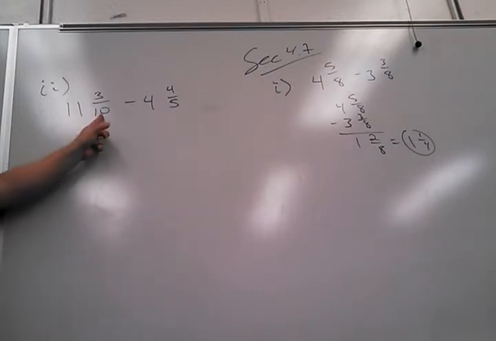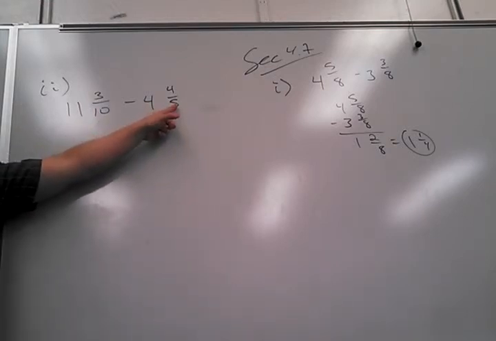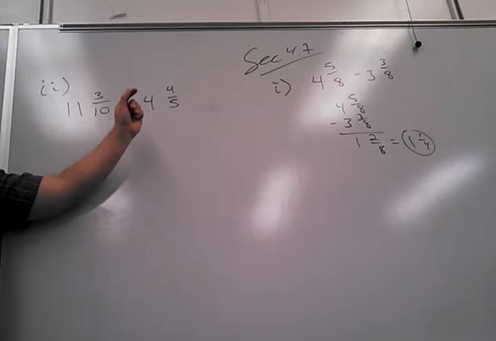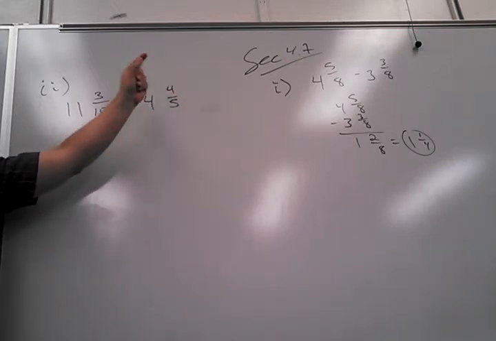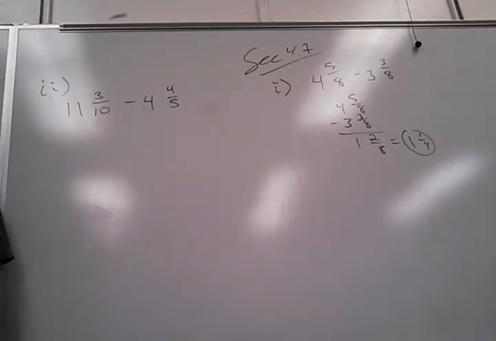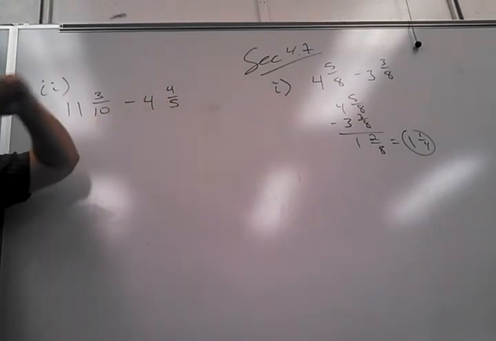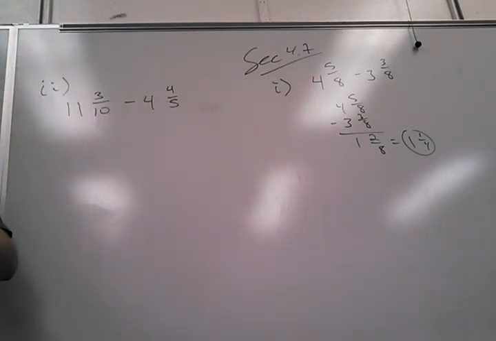Be careful. I can't do anything with these yet because they don't have the same bottom. They're not like terms yet. They don't have the same denominators. Now, I'm going to require that you know both ways of doing this problem. One way is to change the form of these into improper fractions, right?